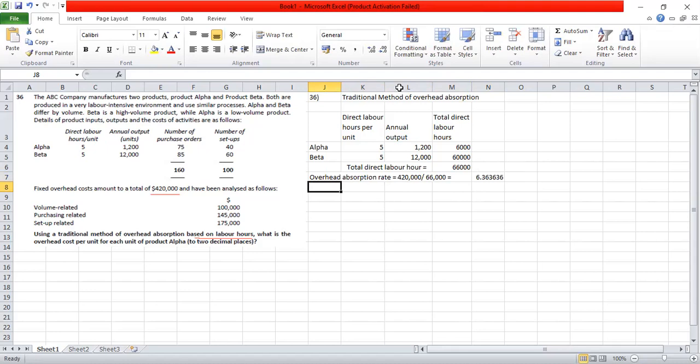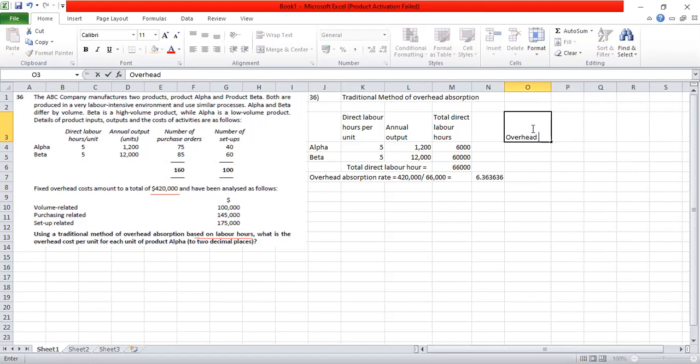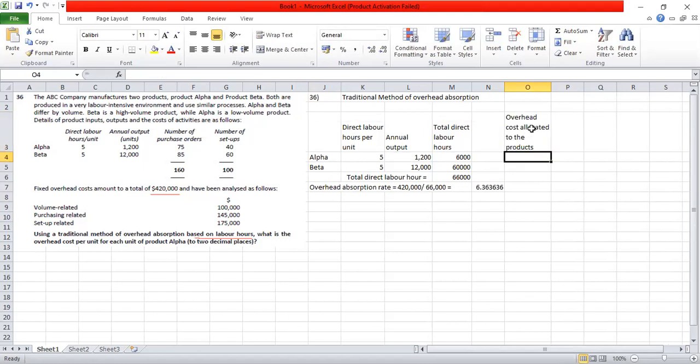Now the overhead cost has to be charged to alpha and beta. So let's see. Overhead cost allocated to the products. The per hour rate is given as 6.36. So how many hours would be required? 1,200 for alpha and 12,000 for beta.